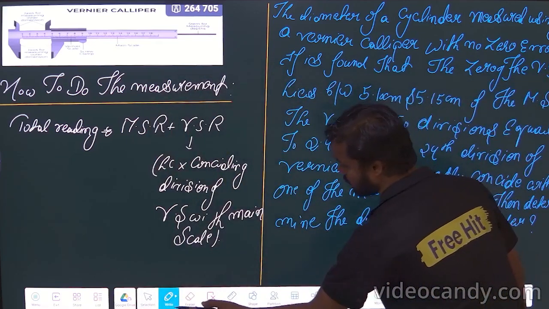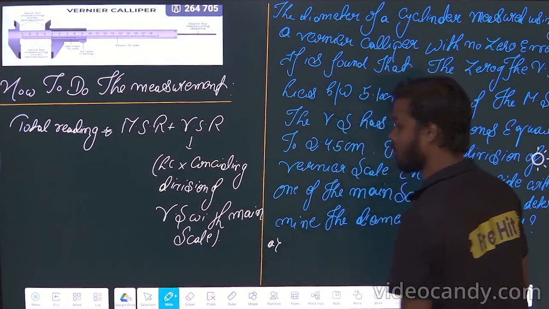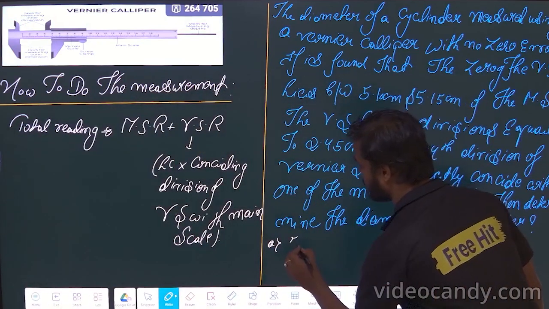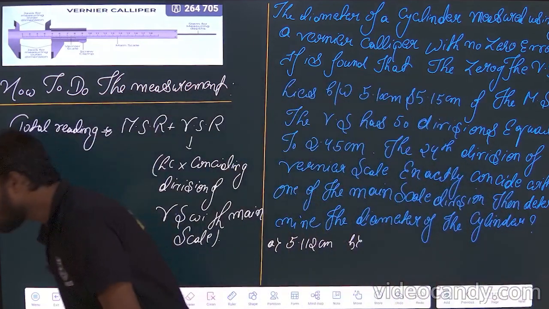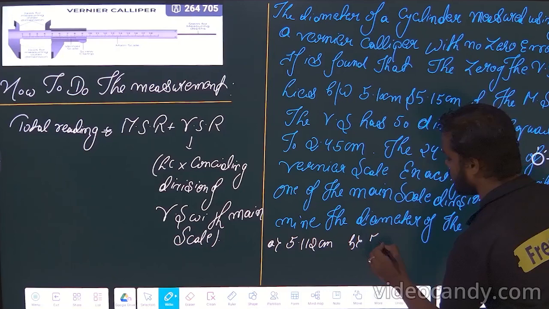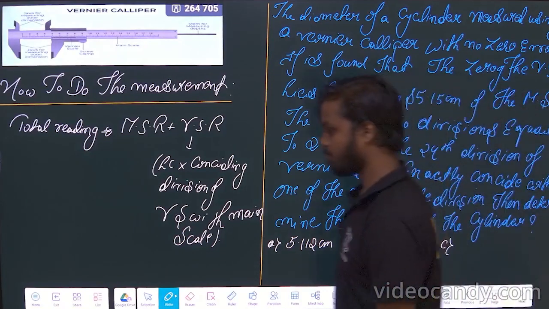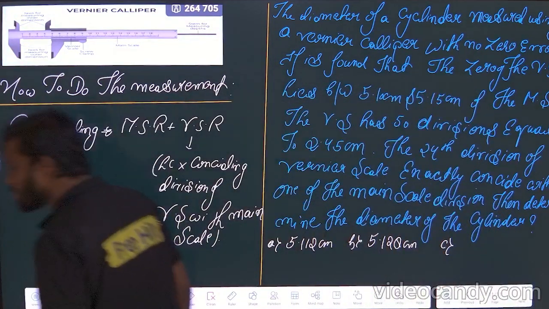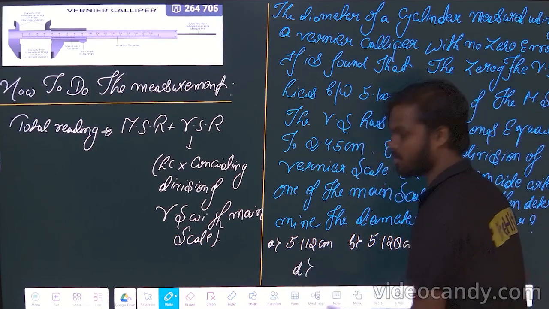Suppose option A is 5.112 centimeter, option B is 5.128 centimeter, option C is 5.134 centimeter, and option D is 5.148 centimeter.